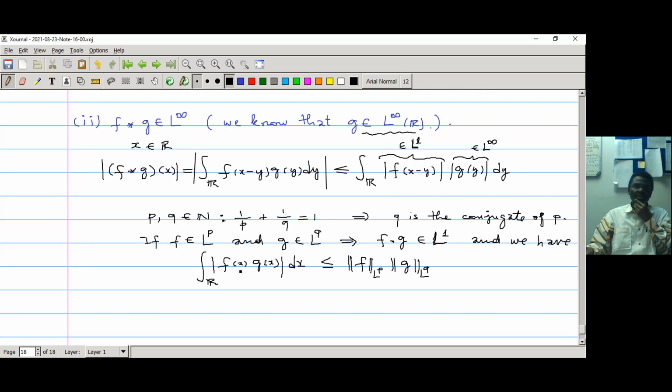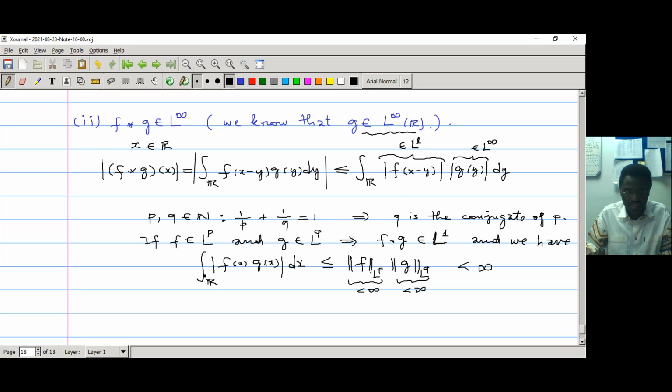And you can see that if F is in LP, this is finite. And if G is in LQ, this also is finite. So the product of two finite is finite. So if this integral is finite, then whatever is there is in L1, right? So this product is in L1. That is, it is integrable, or the modulus is integrable.